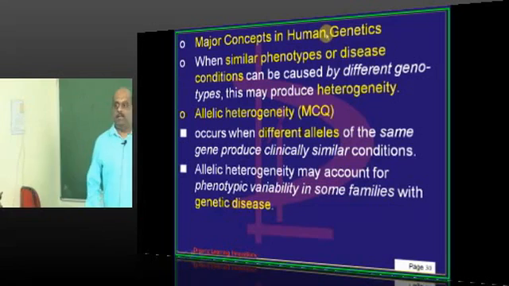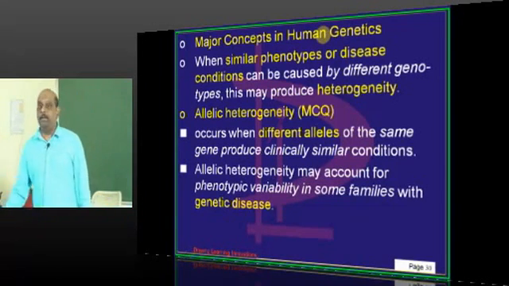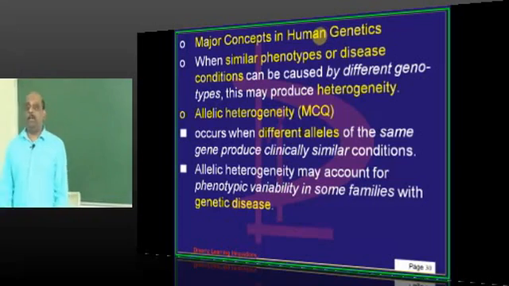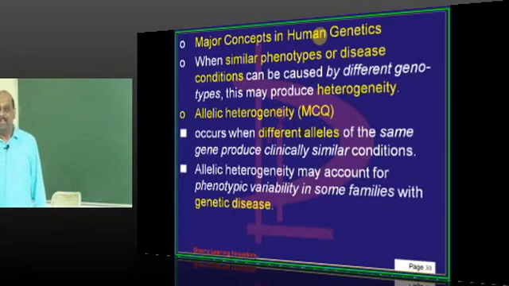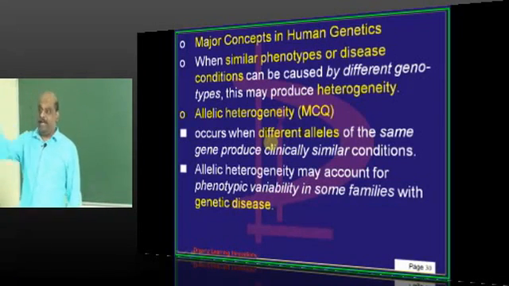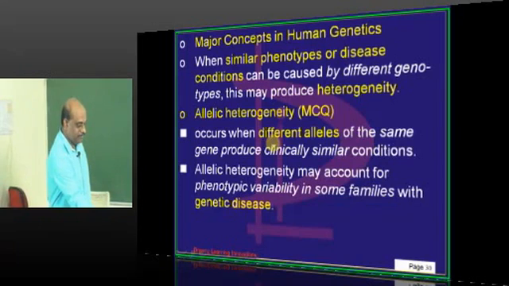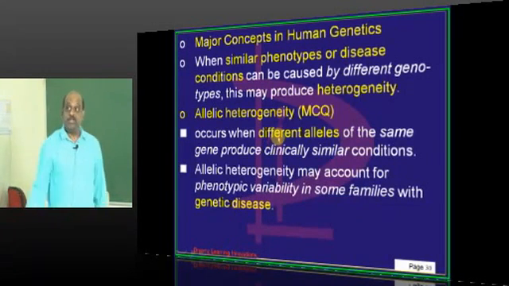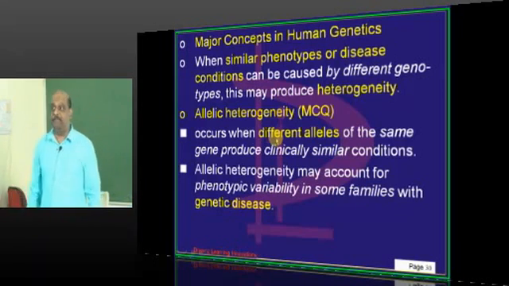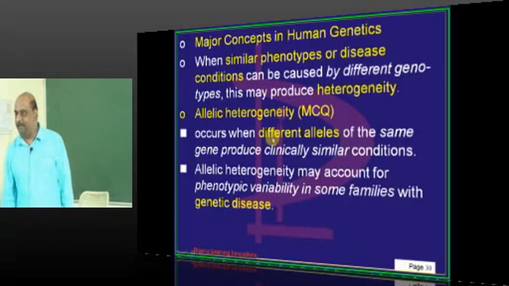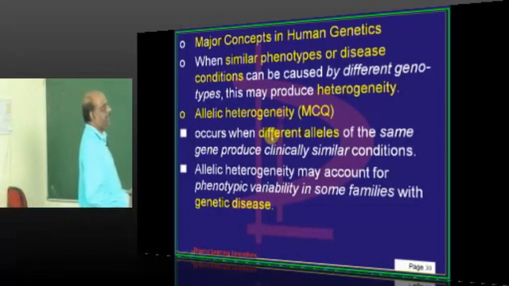A school teacher's son, a police officer's son, and a bank robber's son all become classmates in the medical school. Somebody studied in California and the other studied in a small government school downtown. So genotypes can be different, but ultimately the phenotype becomes the same, then it's called heterogeneity.